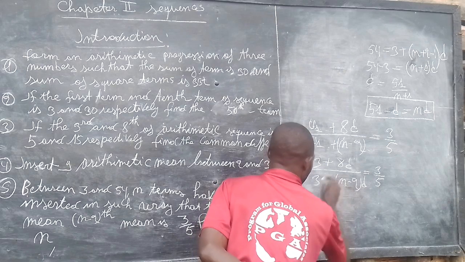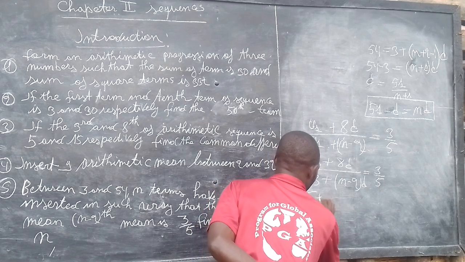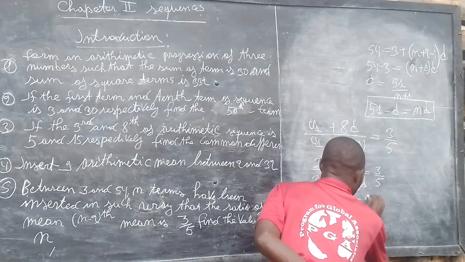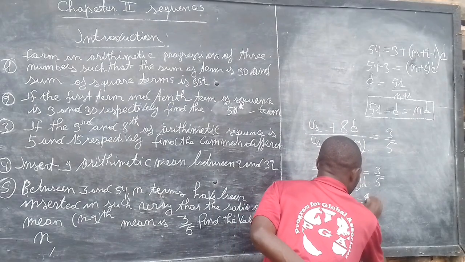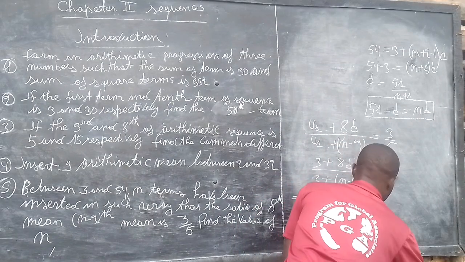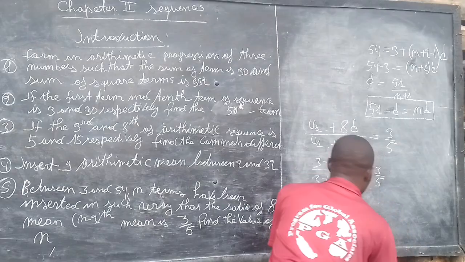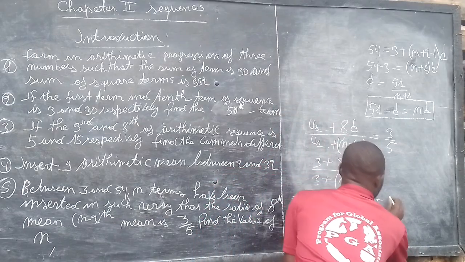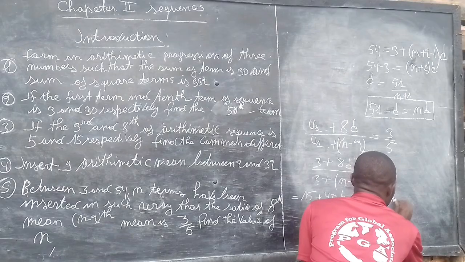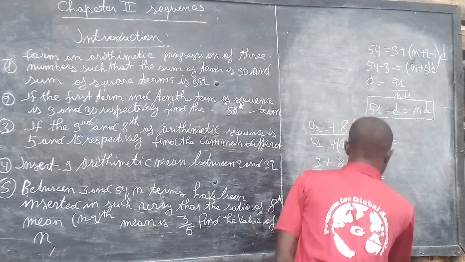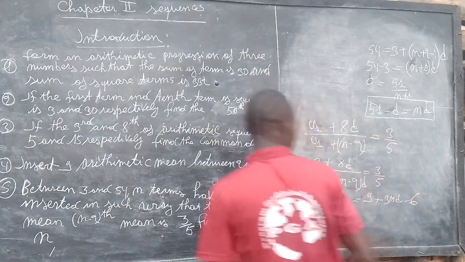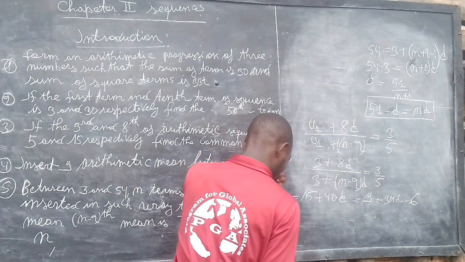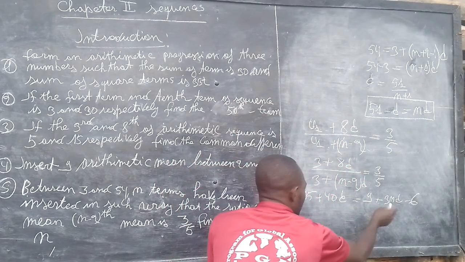Here we have 15 plus 40d, which is equal to 9 plus 3nd minus 6. So we will solve this question this way.